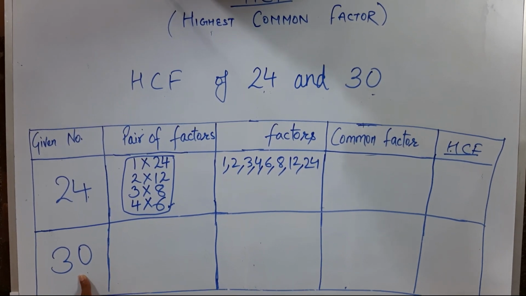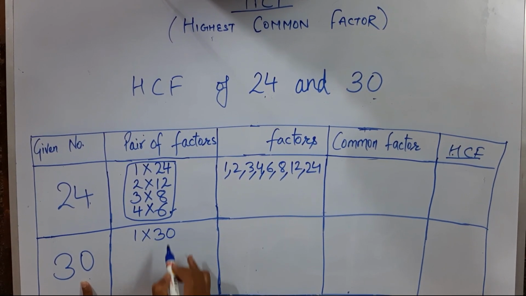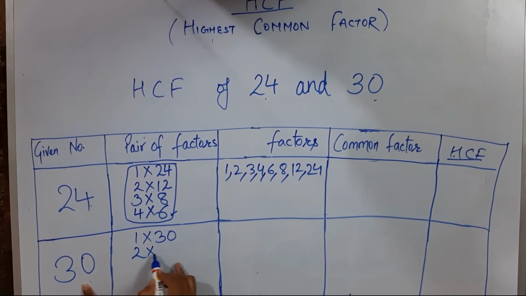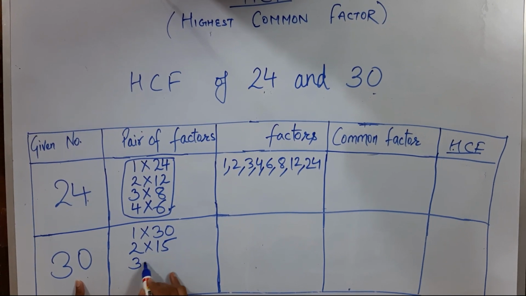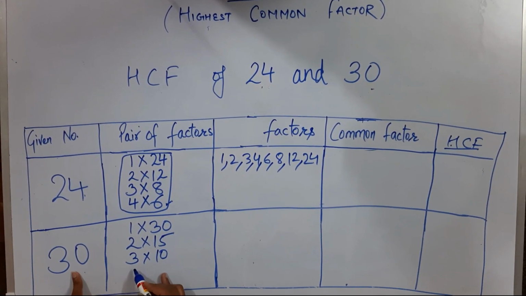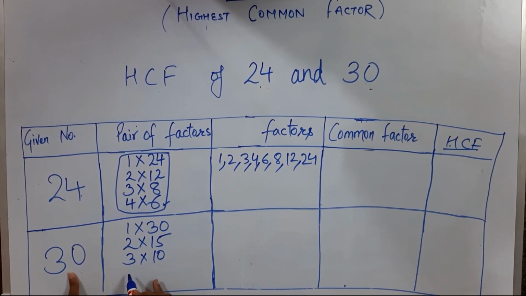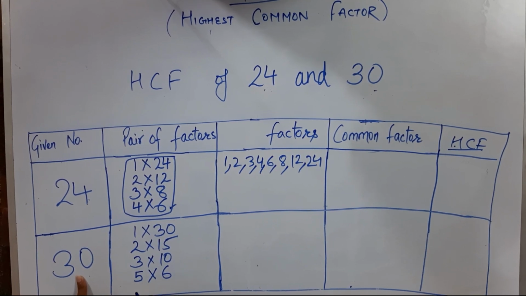I'll also find the factors of 30. 1 multiply 30. Then in 2's table, 2 multiply 15, 30. 3 multiply 10, 30. In 4's table 30 doesn't come. In 5's table 30 comes, 5 6 ja 30.